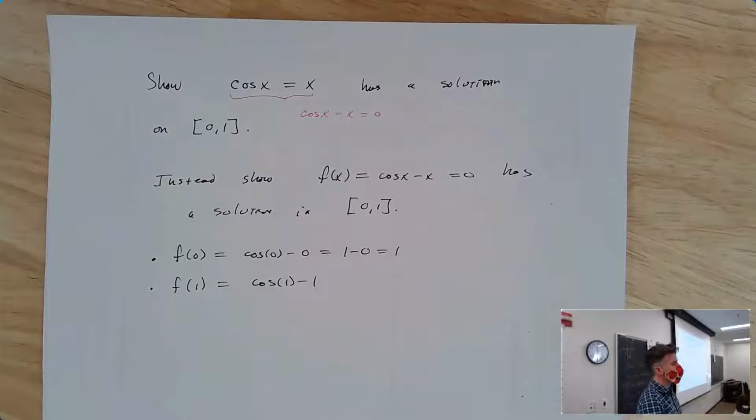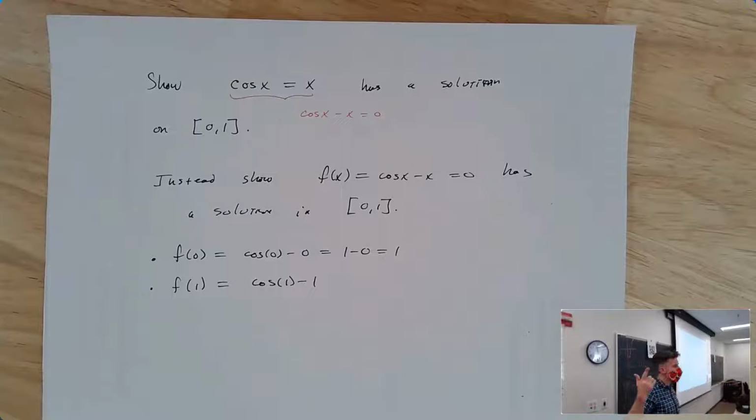So what's a number that's smaller than 1? Well, actually, what are numbers that are easy to take cosine of? Or we're supposed to be able to take cosine of anyway. Like cosine of pi over 6. What's another number we should be able to take cosine of? Pi over 4. What's another one? Pi over 3.